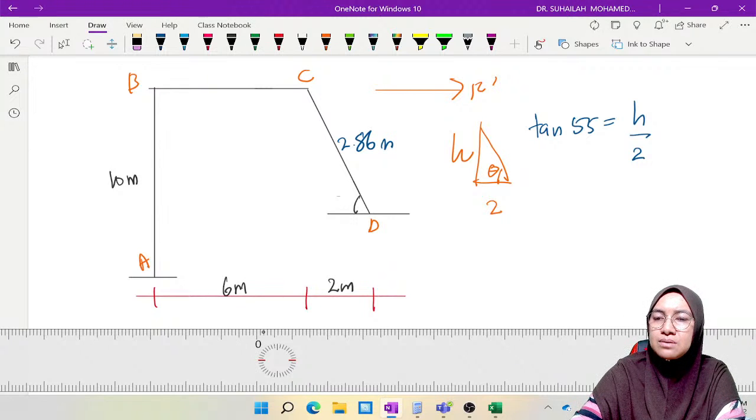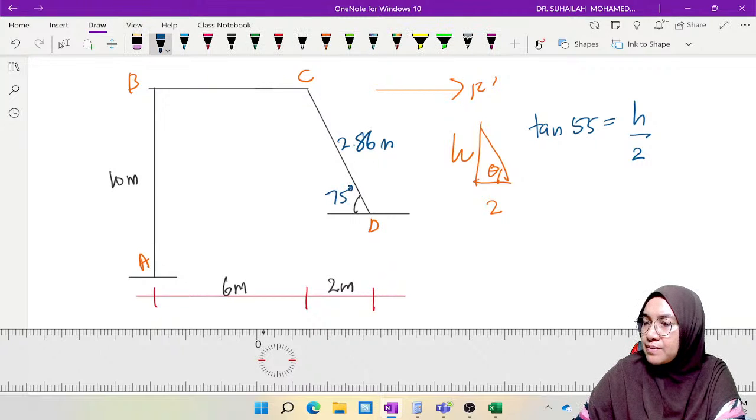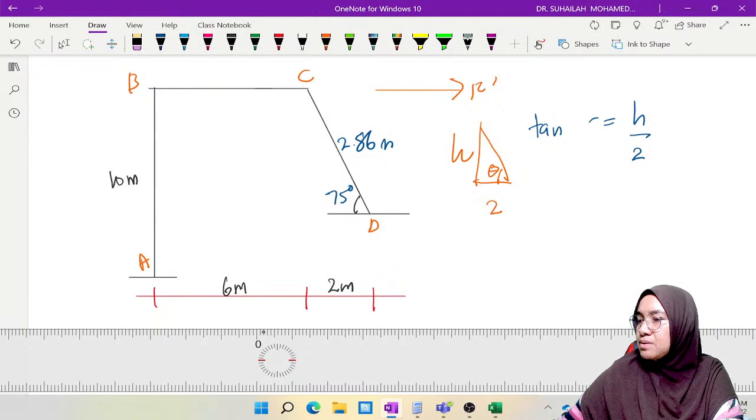Let's see, if tangent 86, what do we get? Tangent 86 times 2. Tangent 85. Tangent 75. Okay, so this is 75 degree. Tangent 75, more logical.